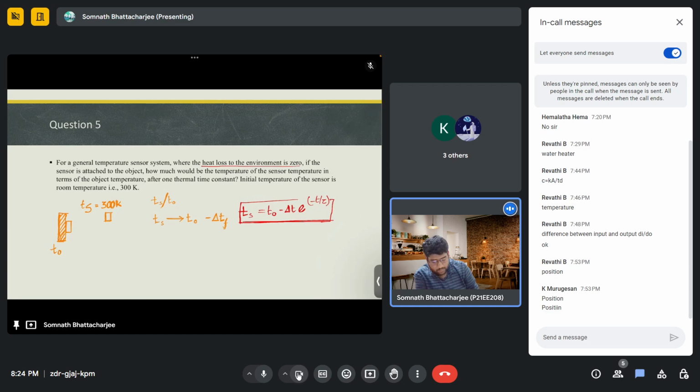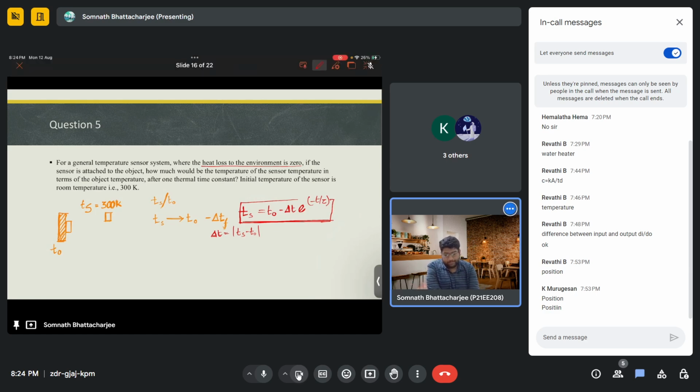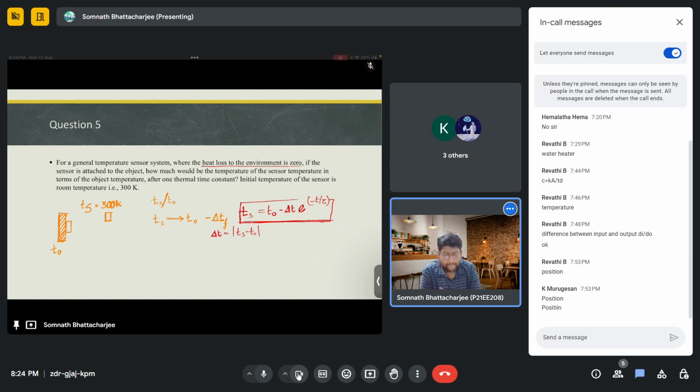Anyway, del T is nothing but the change, like Ts minus T naught, or T naught minus Ts or something like that. So how to calculate this? Heat loss. What is the heat loss?